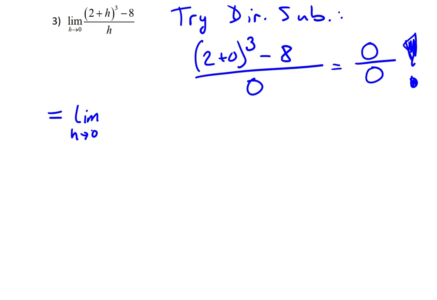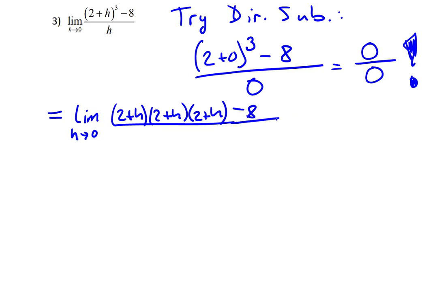So I'm going to rewrite this problem as the limit as h approaches 0. Then I'm going to recopy this rational expression, but I'm going to start working on expanding this 2 plus h that's cubed. So I'm going to write it as 2 plus h times 2 plus h times 2 plus h. That's, after all, what that means. Of course, then we're subtracting 8, and this is all over h.